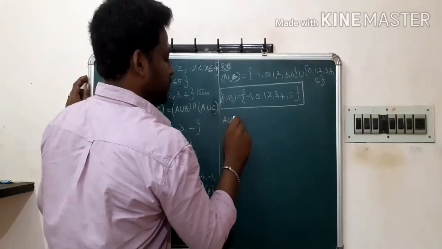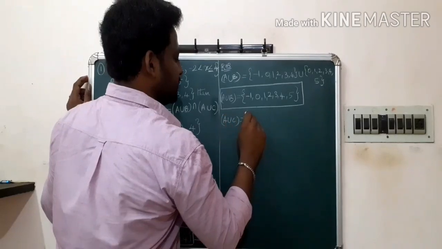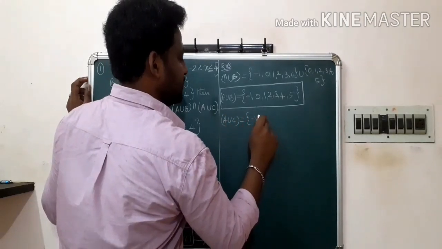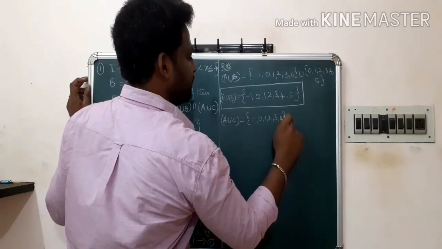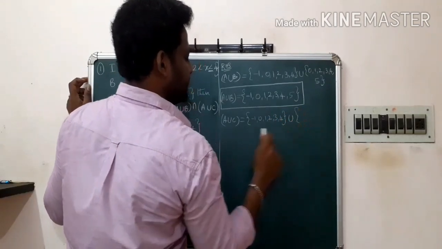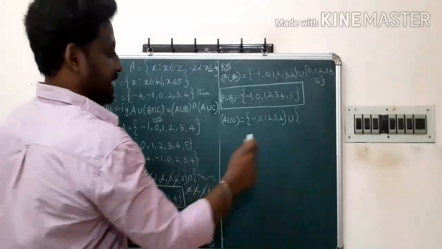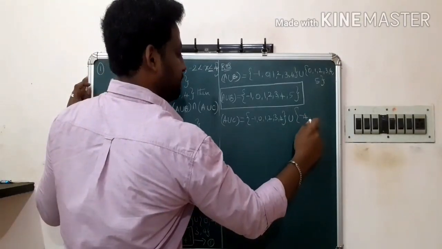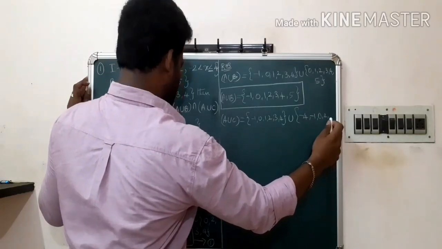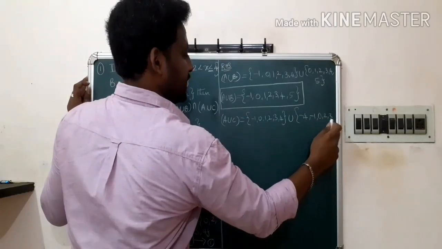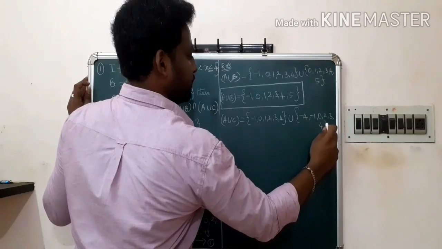So A union C: set A is minus 1, 0, 1, 2, 3 and 4. Take the union with set C. What is set C? Minus 4, minus 1, 0, 2, 3 and 4.